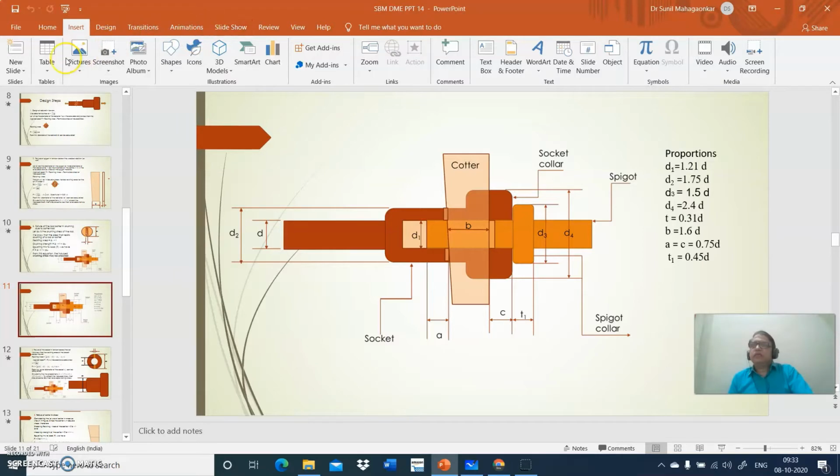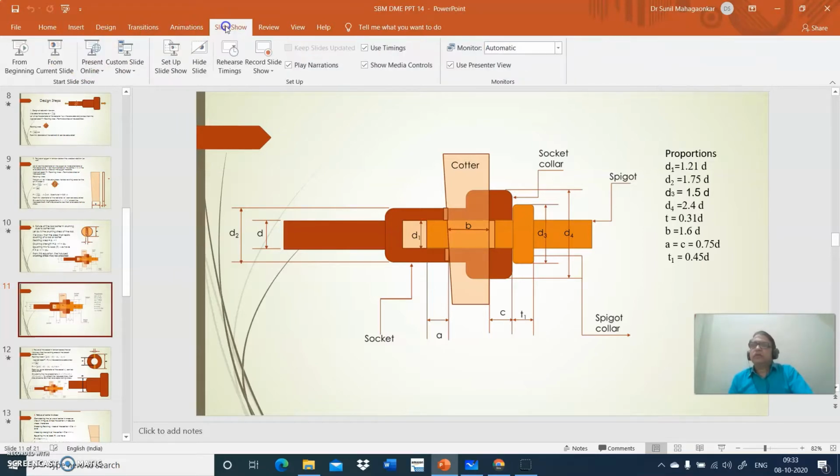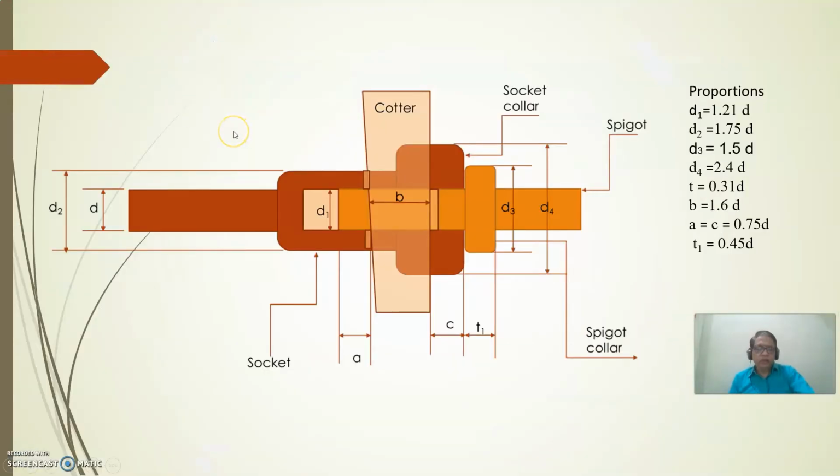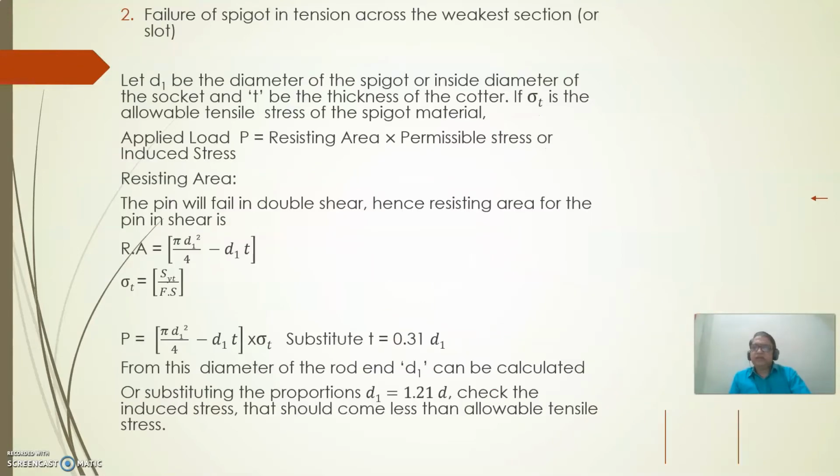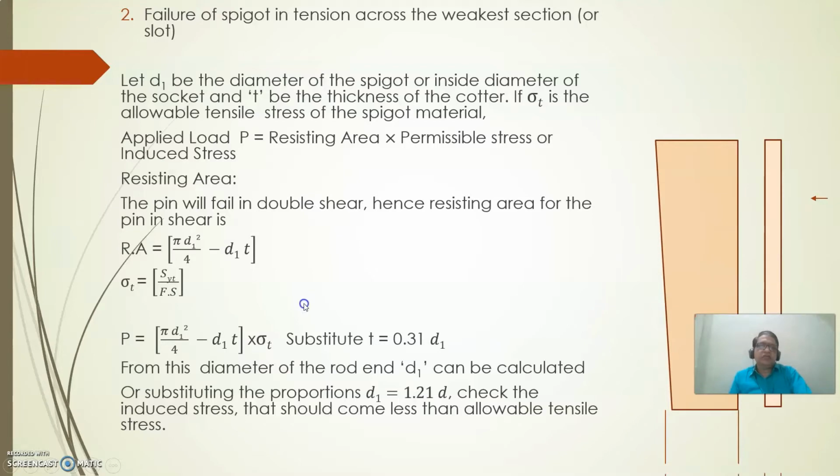In the last class we had the failure of the spigot in tension across the weaker section. The quarter is inserted in the spigot, and this is the area we are going to get.